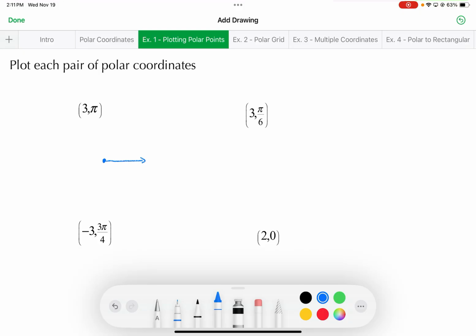Okay, and you're going to rotate to pi, the terminal side of it. And then you got to envision, if the terminal side were evenly divided by units of 1, we would just move to the third spot on the terminal side. That's where the point goes.